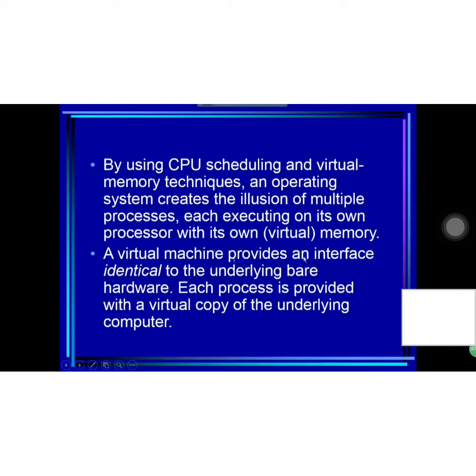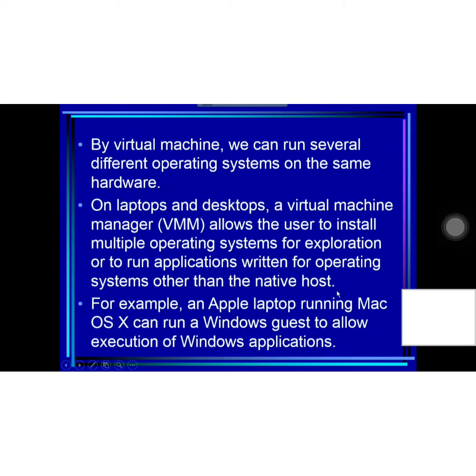A virtual machine provides an interface identical to the underlying hardware. Each process is provided with a virtual copy of the underlying machine. With virtual machines, we can run several different operating systems on the same hardware.